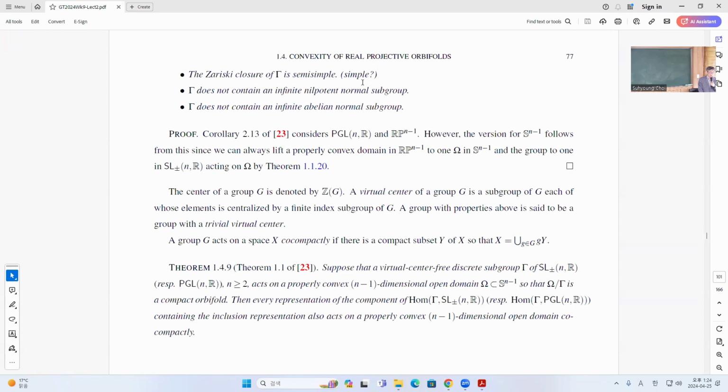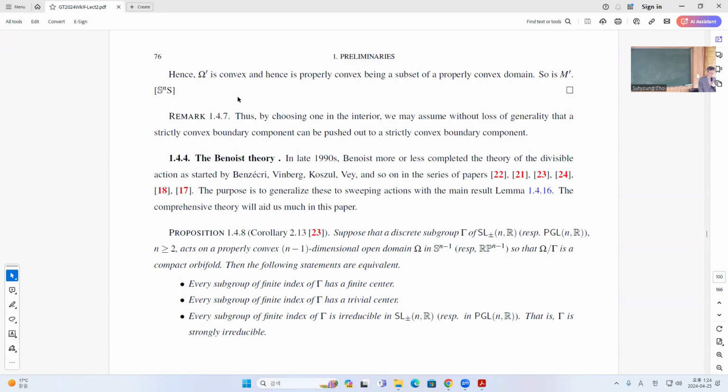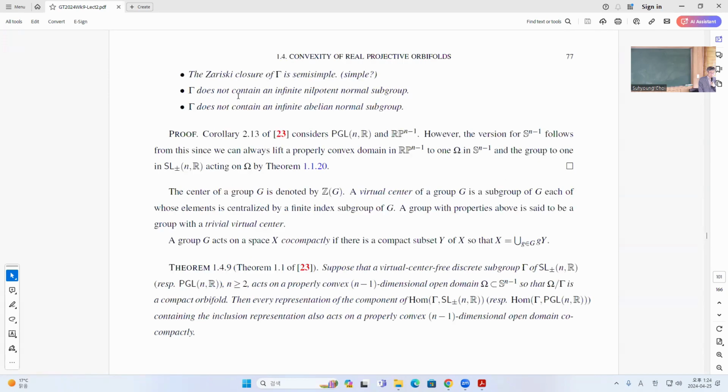I should say simple actually. So Benoist wrote simple, right? I think I wrote semi-simple, but it should be simple actually. But semi-simple is also correct. But anyway, Gamma does not contain an infinite nilpotent normal subgroup. Okay, Gamma does not contain an infinite abelian normal subgroup. Okay, so those are all equivalent, and it's proven in the other paper.